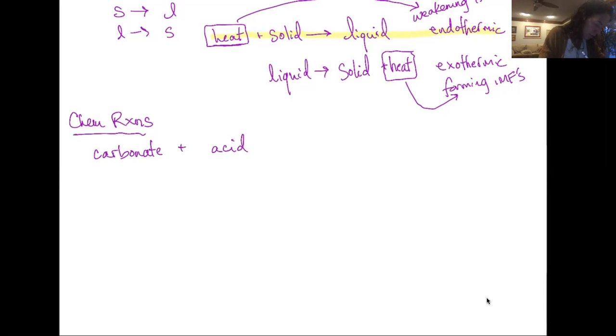So let's say that we've got sodium carbonate reacting with, let's say, hydrochloric acid. This could be solid. It could be aqueous. We'll make it solid. Acids are aqueous in nature, okay? Unless they're extremely concentrated and there's no water in it, then it would be a liquid, but that's very rare.